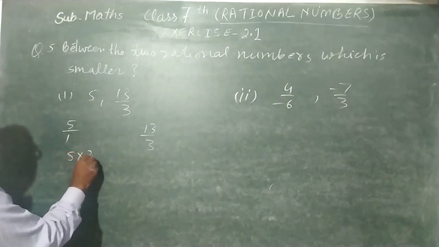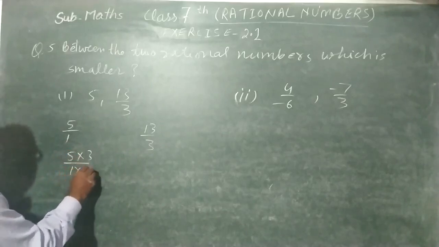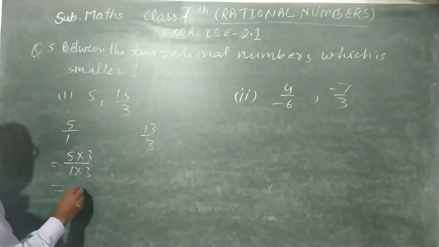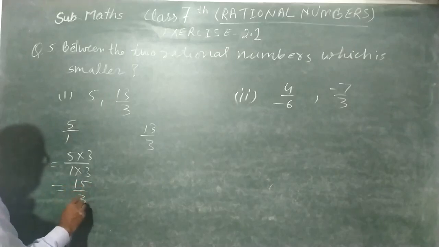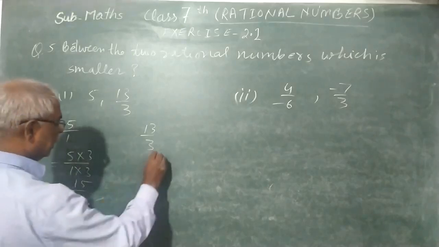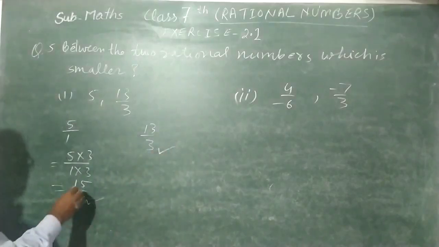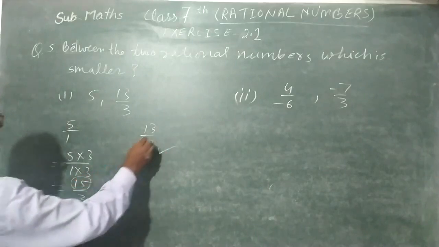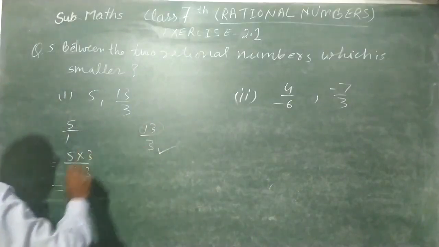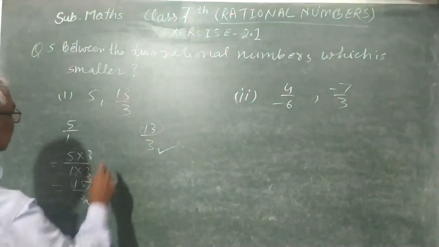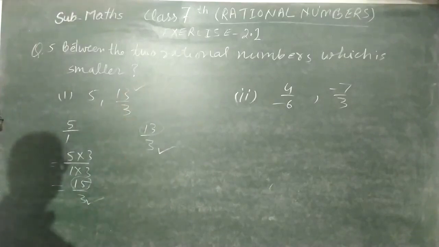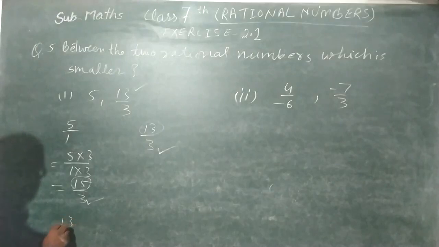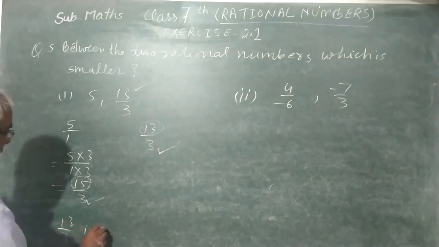So 5 into 3 upon 1 into 3. So it becomes 15 upon 3. The denominator is same, but in these numbers 13 is smaller. So this number is smaller. So your answer is 13 upon 3 is smaller.